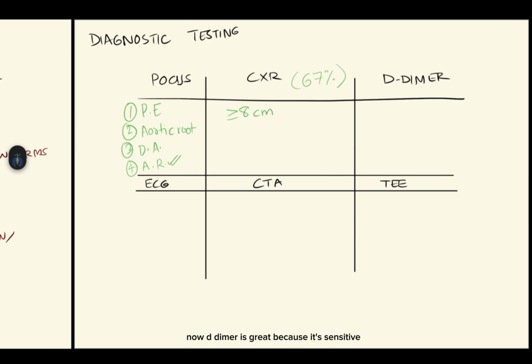Now, D-dimer is great because it's sensitive, but it lacks the specificity for the diagnosis. If you rely on D-dimer alone, know that it is insufficient to rule out dissection confidently.